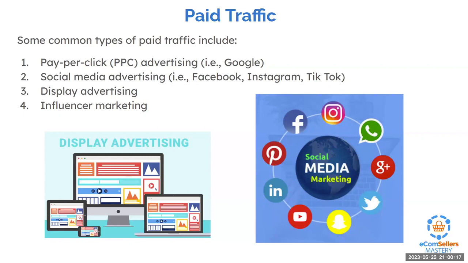And then influencer marketing. If you are working on this in advance, again, being prepared, connecting with the influencers that maybe will help you get more traffic to your products, doing that in advance is going to help you.